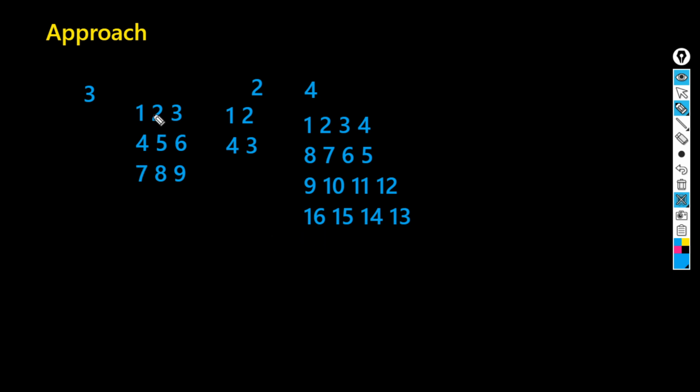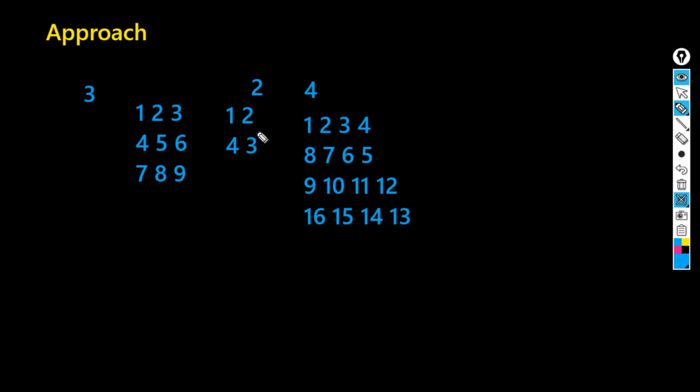So what we will do, if the number is even, then we will print in increasing order, and when it is odd, then we will print in decreasing order.